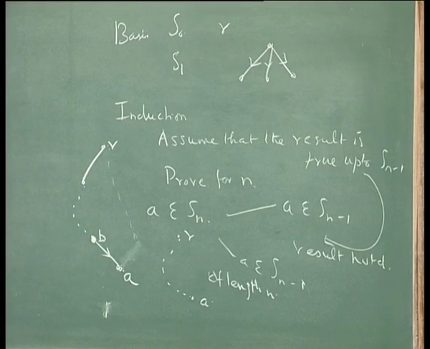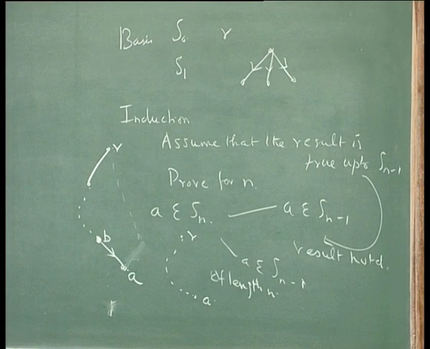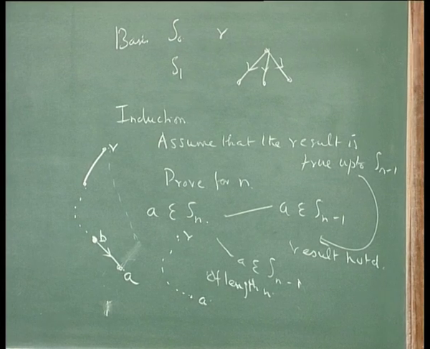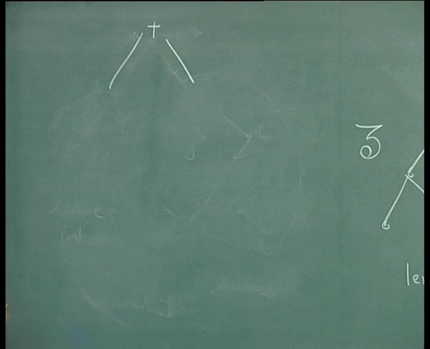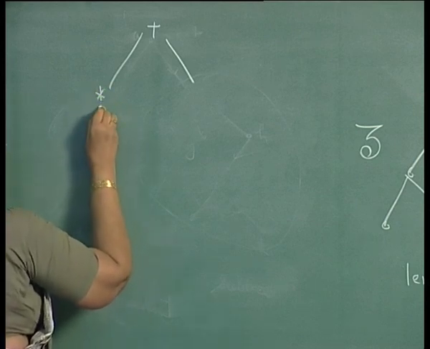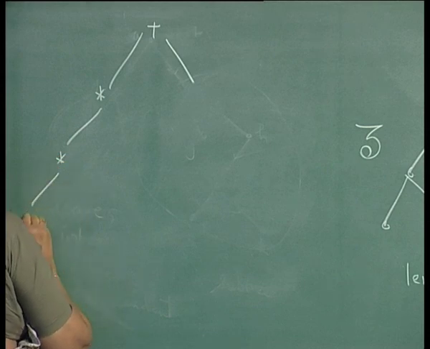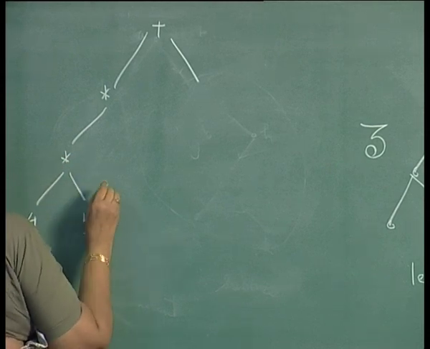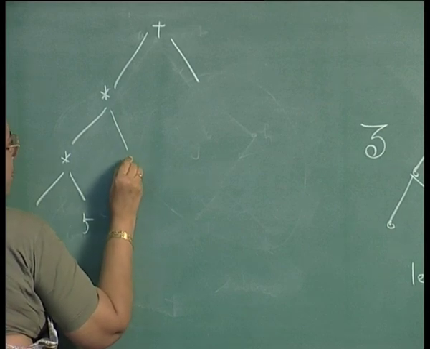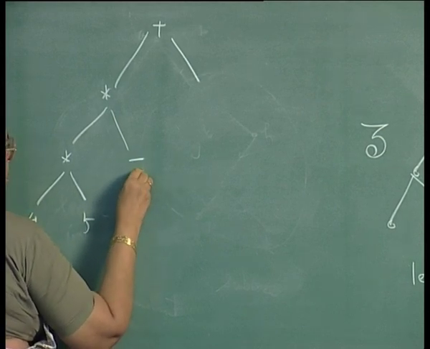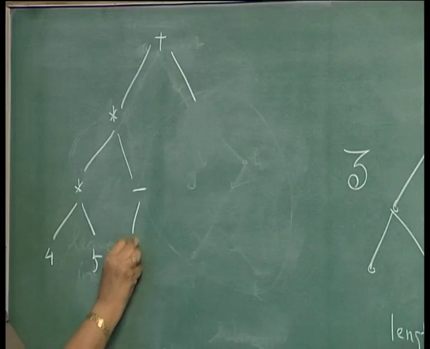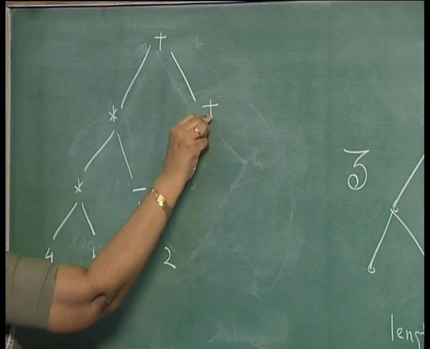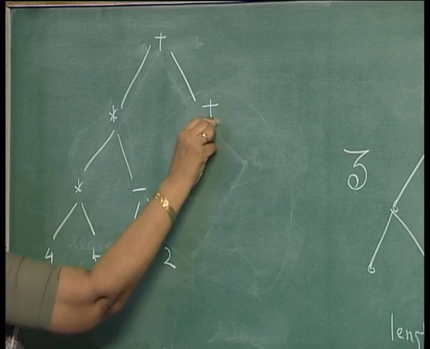Now, arithmetic expressions you can express as trees. Let us consider some arithmetic expression and see how they can be represented as trees. Look at this tree where the internal nodes represent operators: plus, star, star, with 4, 5, minus, 6, 2, plus, 7, 5.